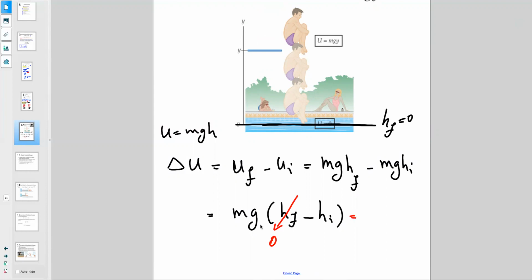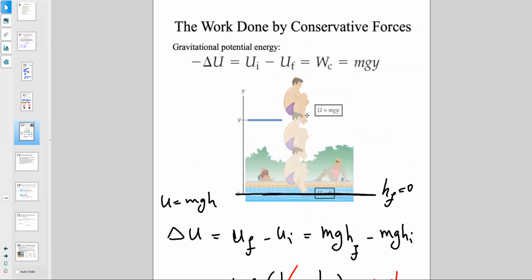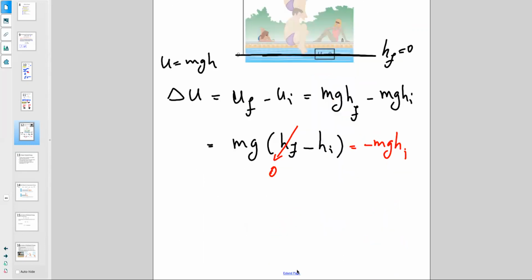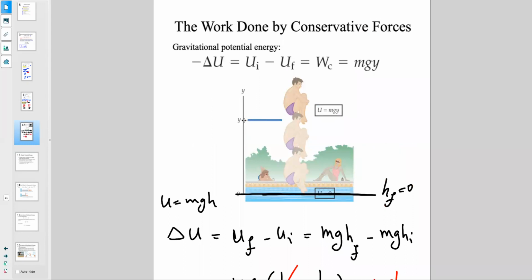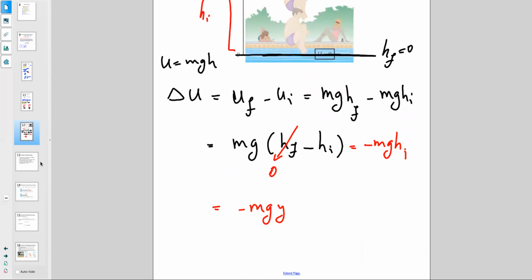And thus you're having negative mgh initial, so kind of looking like this. Or in our case, negative mgy, because initially it was at y right there. So this is the initial height.